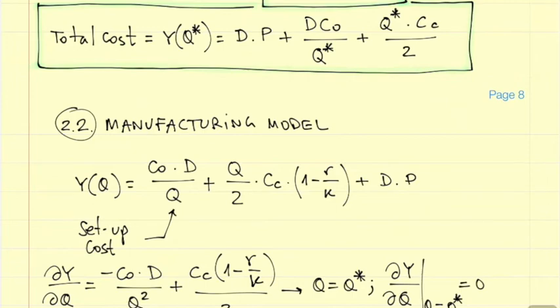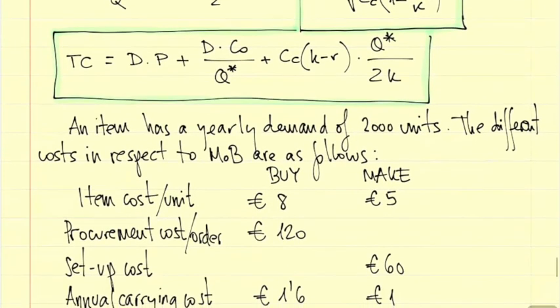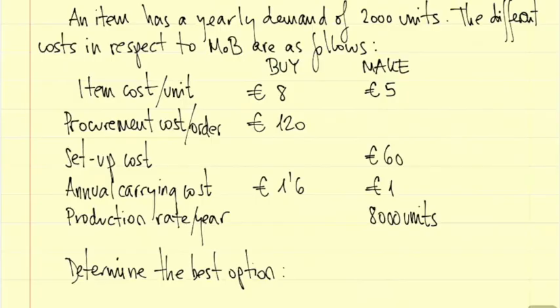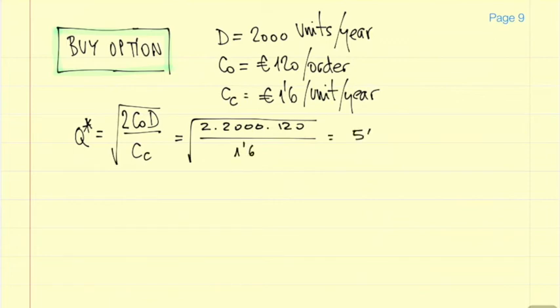So you need to be able to perform the derivation and find the minimum of the function. Okay, this is the square root of 2 times 2,000 times 120 divided by 1.6. This means 548 units after rounding.